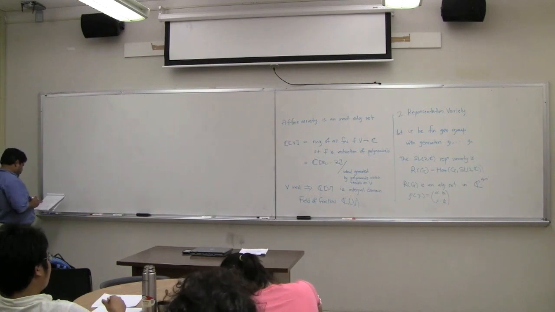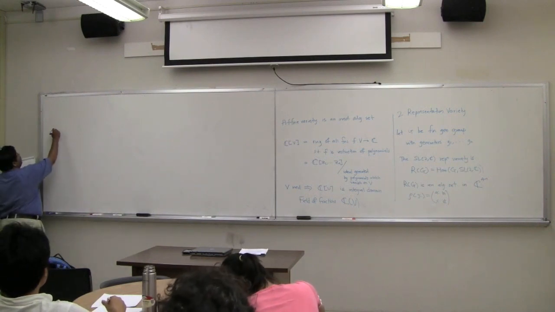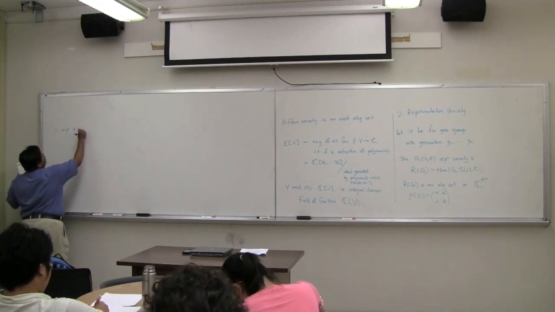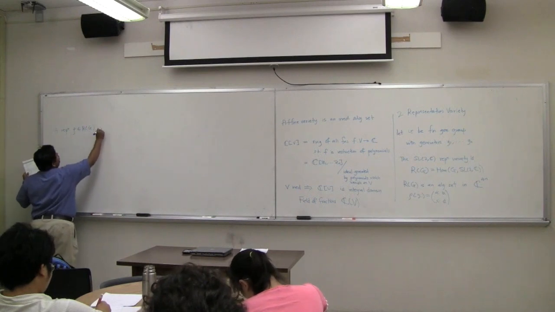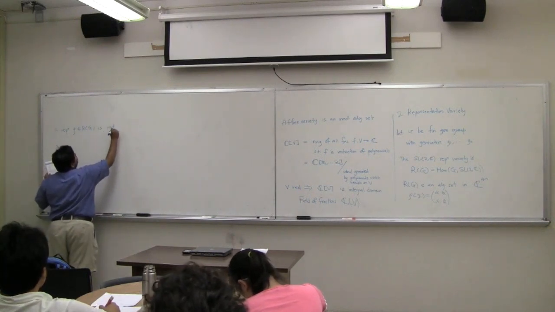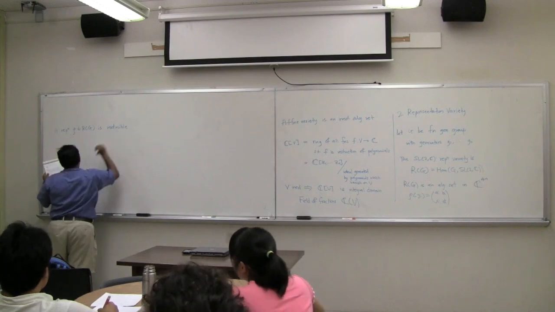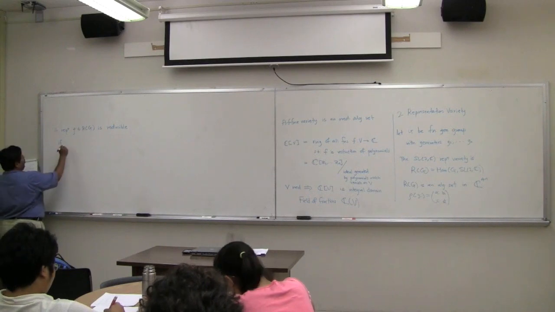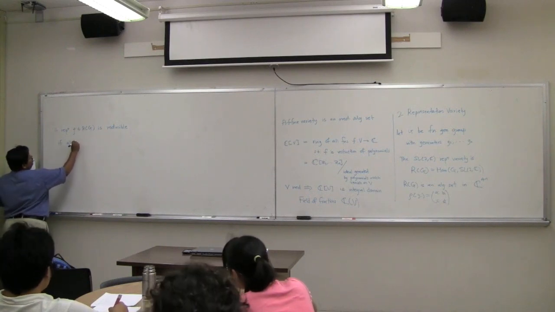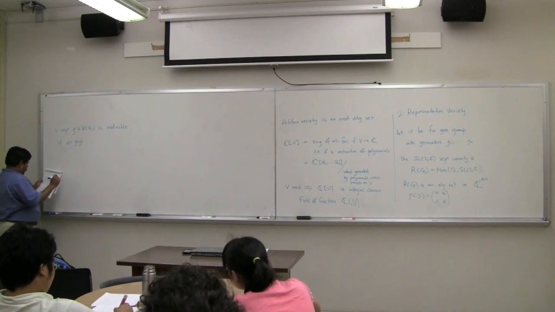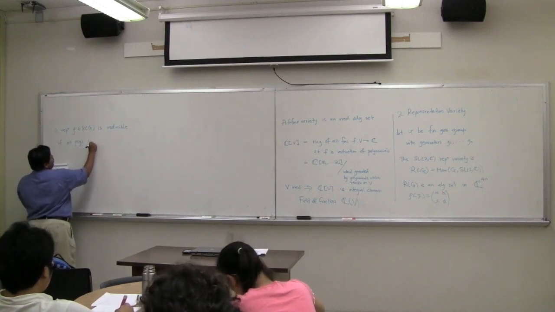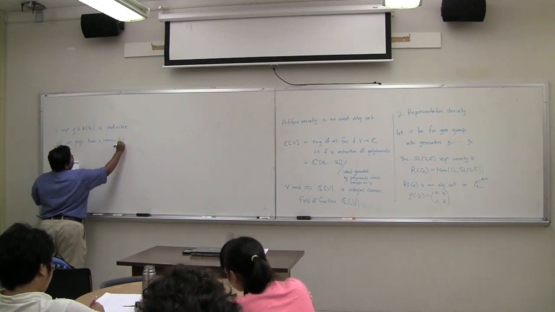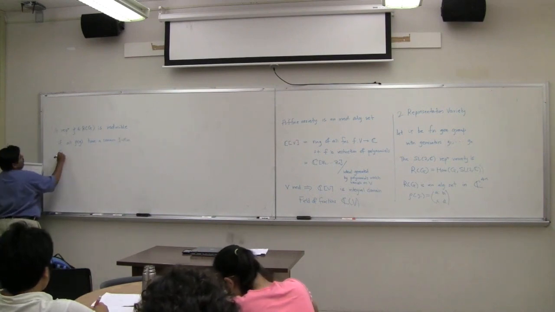Let me just put up a couple of definitions. A representation rho is reducible if all rho of G have a common one-dimensional eigenspace.